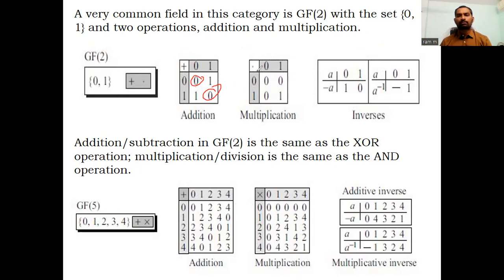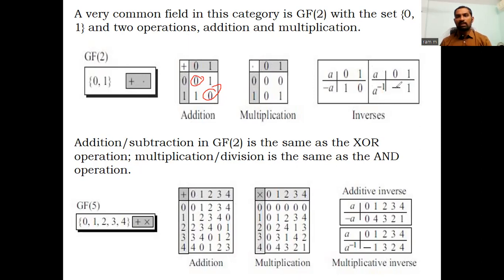Coming to the dot operation, what are the inverse elements I need to see here? For 1 it is 1.